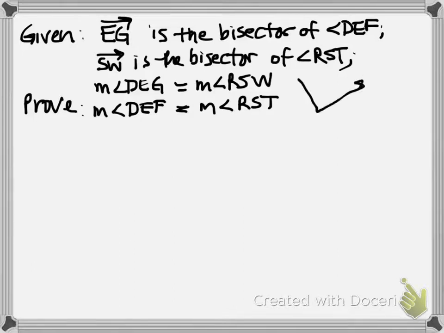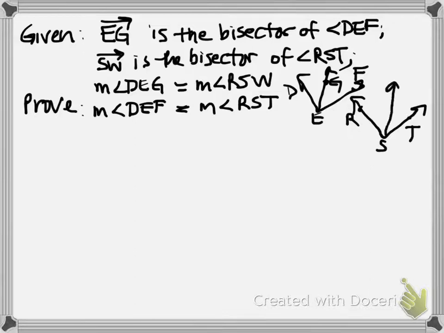So we've got two diagrams. We've got angle DEF, we've got ray EG, we've got angle RST, we've got ray SW, and then the last is the measure of angle RSW is equal to the measure of angle DEG, excuse me.